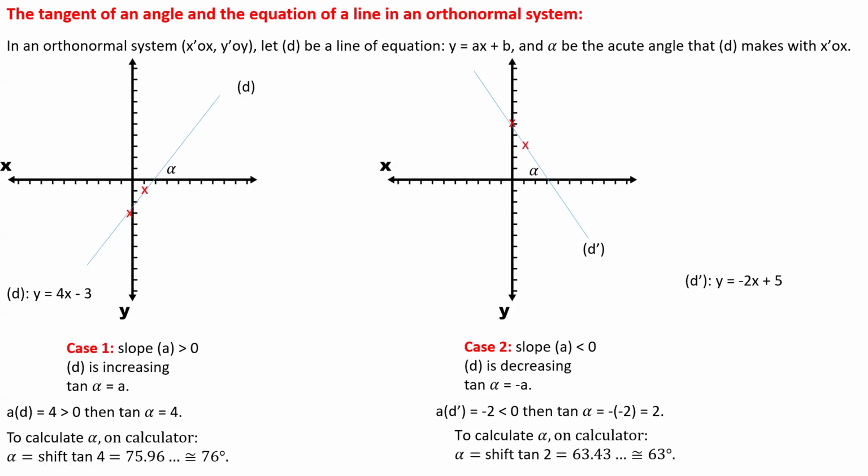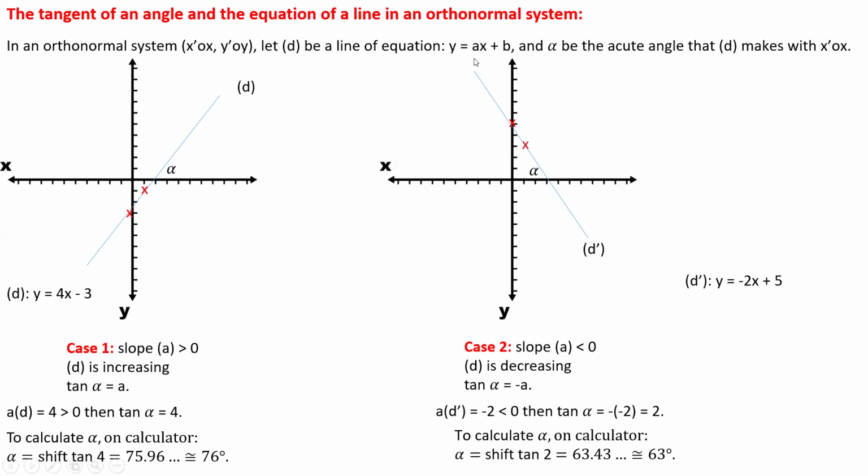I want to find alpha. Since the slope of D is equal to 4 and 4 is positive, I directly write tangent alpha is equal to 4. I use my calculator and click shift tangent 4, it gives me 75.96. If I approximate it, it is 76 degrees.